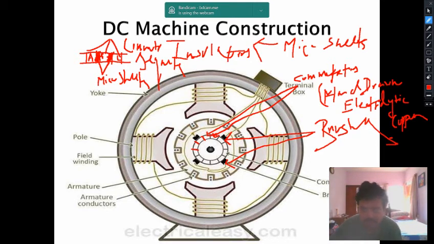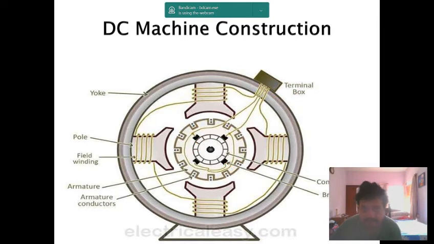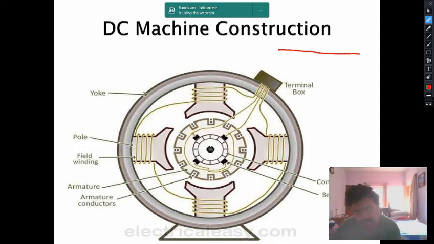Now I will just clear this up. So next comes the brushes, or the current collection system. I will just draw this part in a straight line, in a linear way, like this.